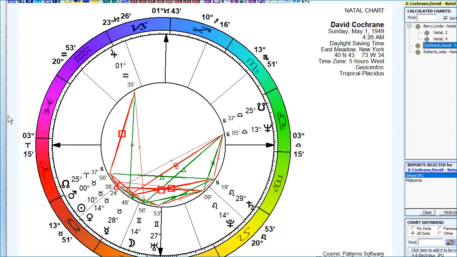Because what we do in vibrational astrology is we are not making a picture of you, like a photograph or a painting, like who can make the most accurate painting.